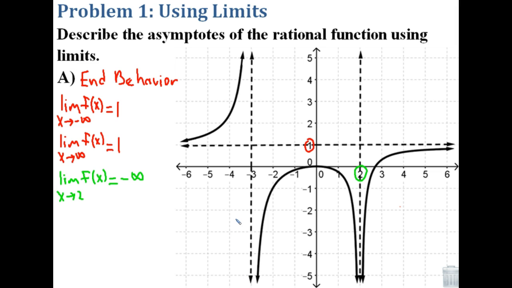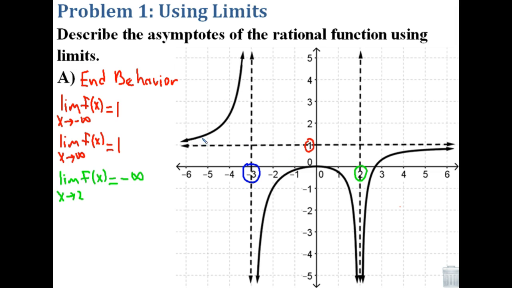Alright, now last thing we're going to do is describe this function at the asymptote of x equals negative 3. And now this is going to be the one tricky part of this section. The reason for that is if I want to know what my function is doing at x equals negative 3, that depends on what side of negative 3 we're talking about.